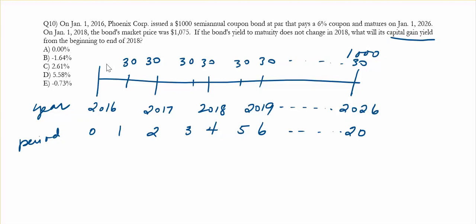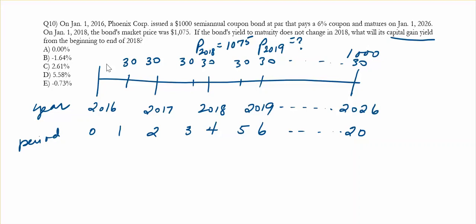We are told that on January 1st, 2018, the price of the bond was $1,075. The yield to maturity does not change in 2018, which will be the capital gain yield from beginning to end of 2018. So this is the beginning of 2018. 2 periods later will be the end of 2018, which is also the beginning of 2019. It's basically the same as January 1st, 2019.